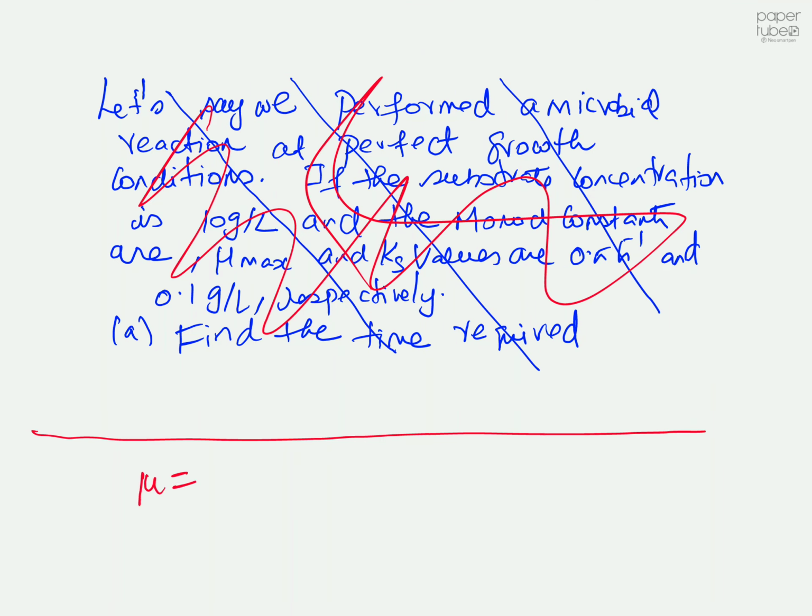We have our specific growth rate, which we calculated using the Monod kinetic constants, 0.5 per hour, and let's assume the growth of microorganisms follows first order kinetics, given by ln of x by x0.